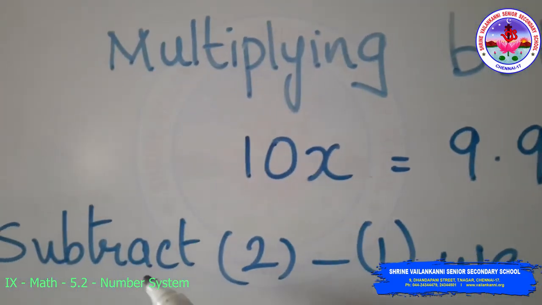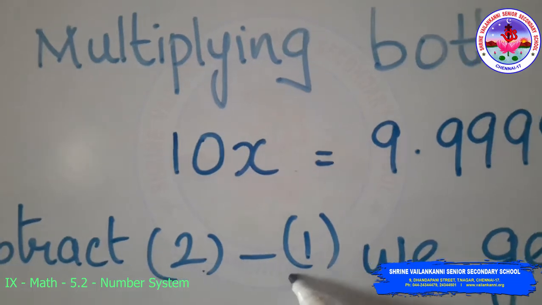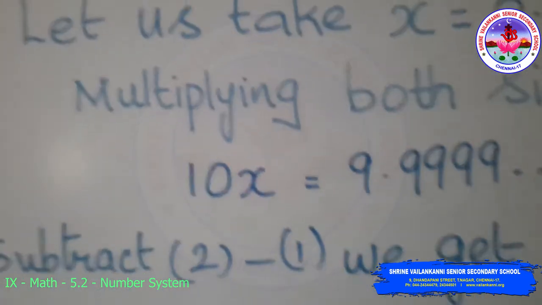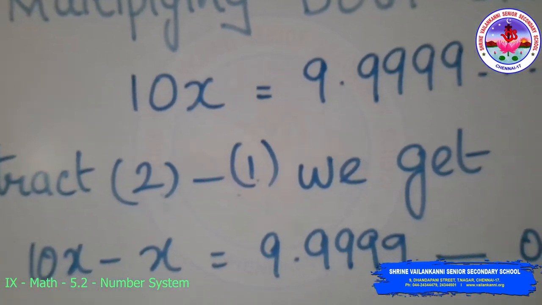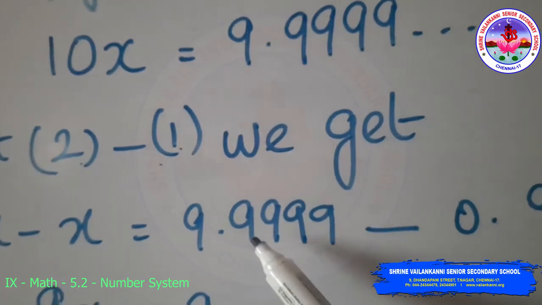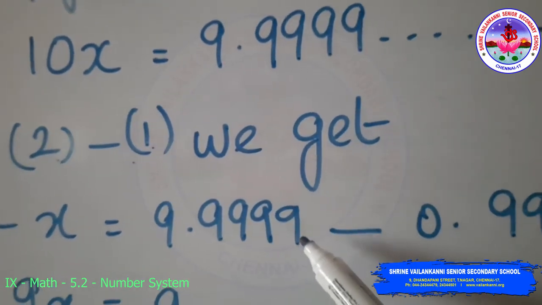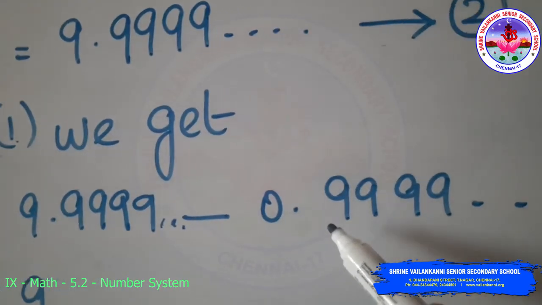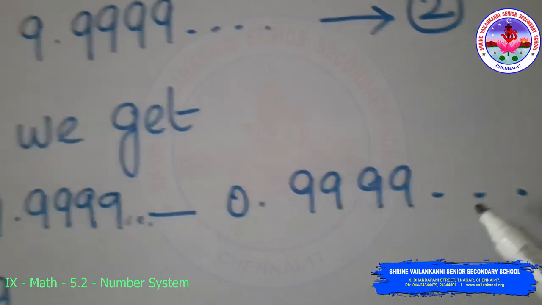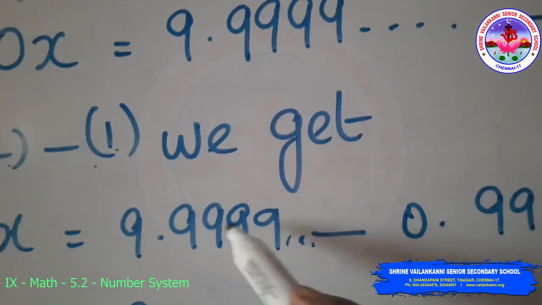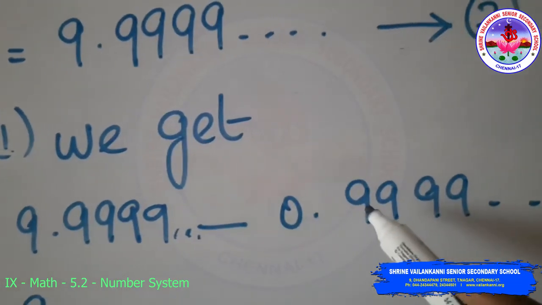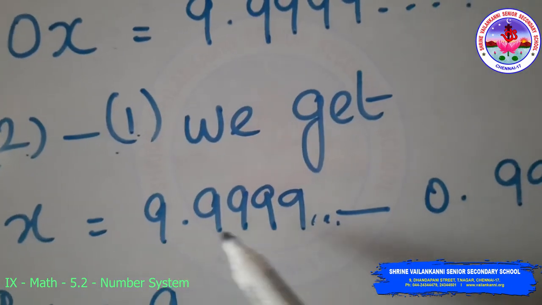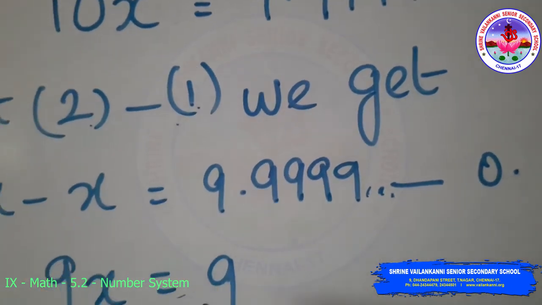Now subtract equation 2 minus equation 1, we get 10x minus x, which is equal to 9.9999 and so on, minus 0.9999 and so on. So the 999 after the decimal point gets cancelled with 0.999, so I will be having remaining 9 minus 0, which is equal to 9.